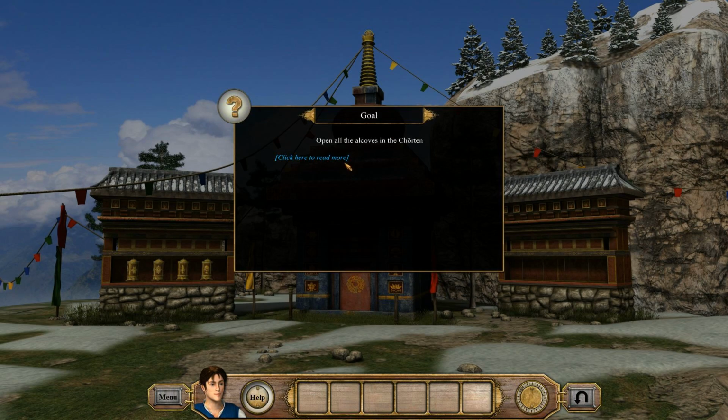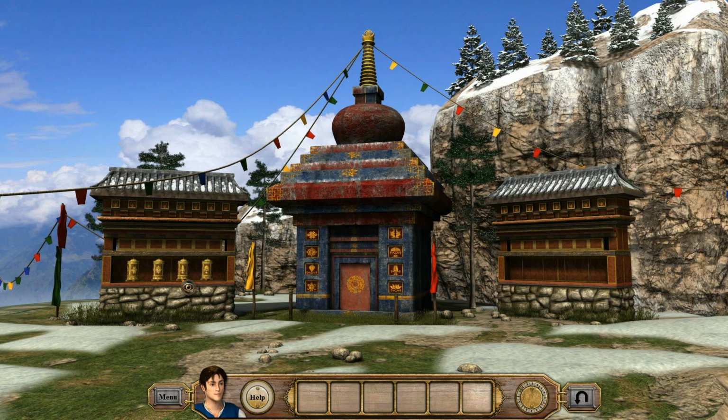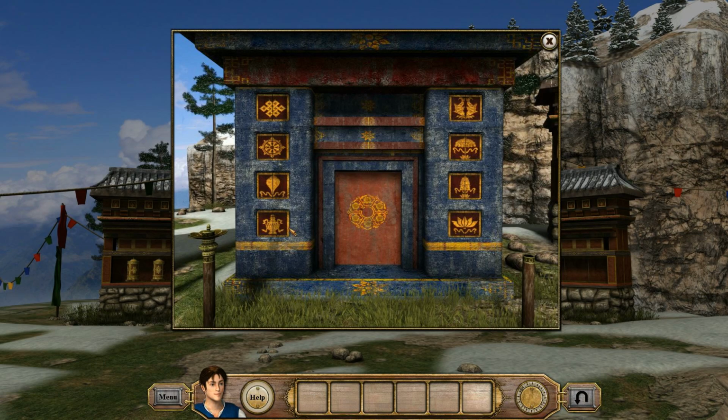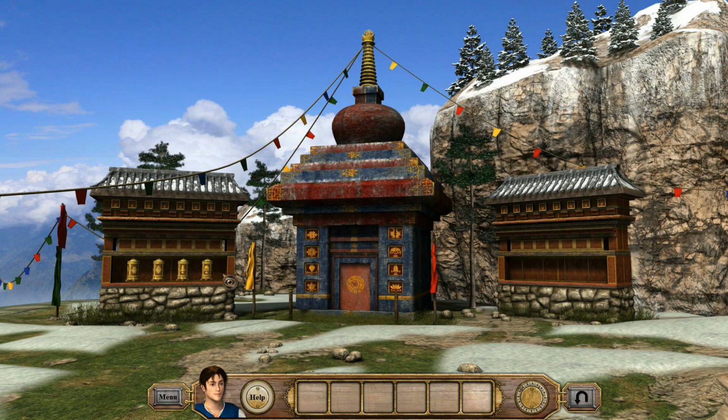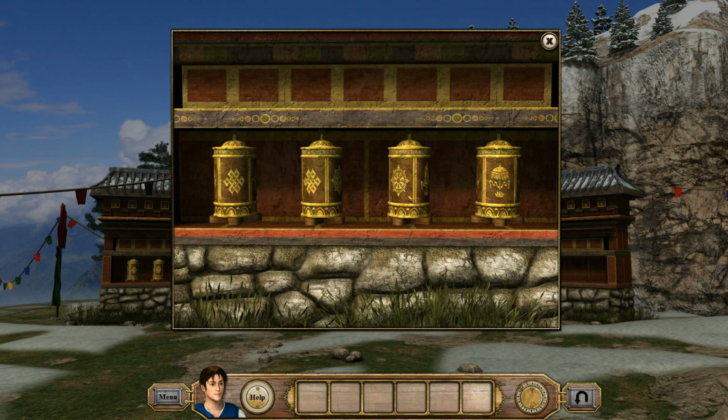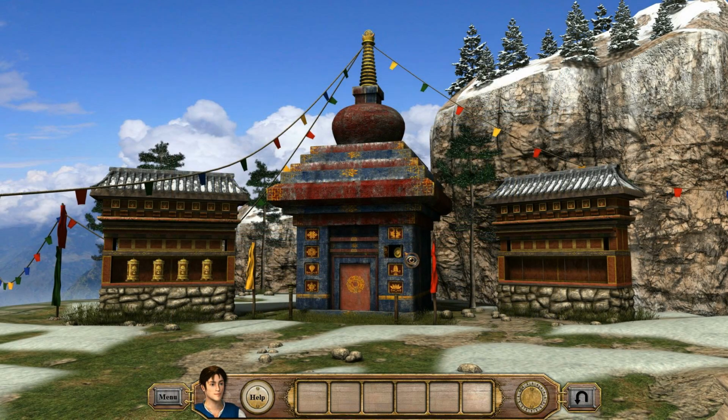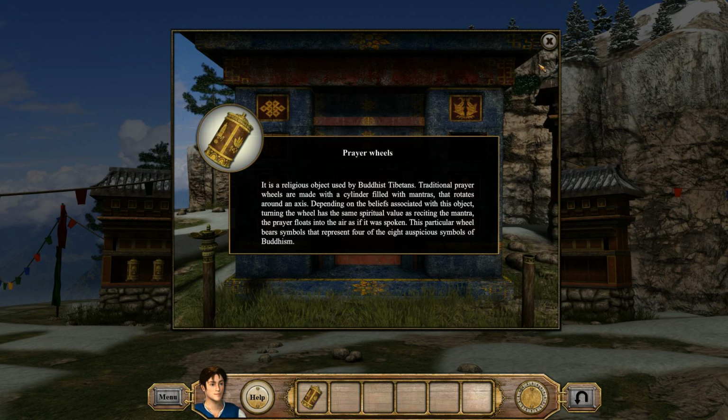Turn the four wheels. So I need to access these ones. Maybe I need to pair them up so that they're all the same. And that'll access the particular one I'm after. Okay, that was not the one I was expecting.